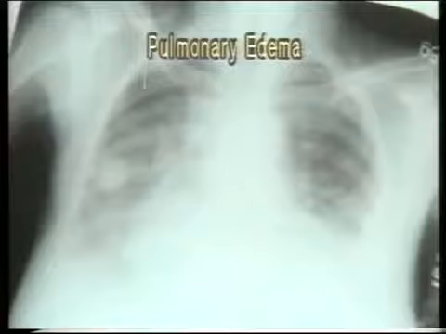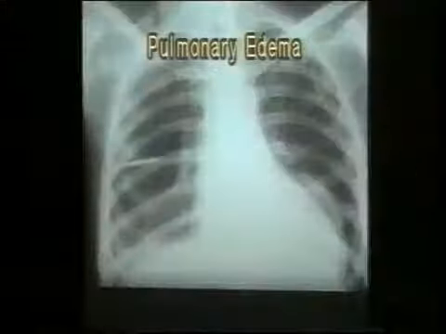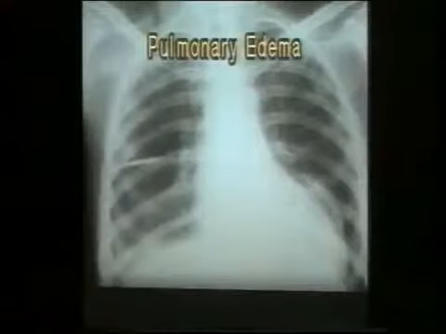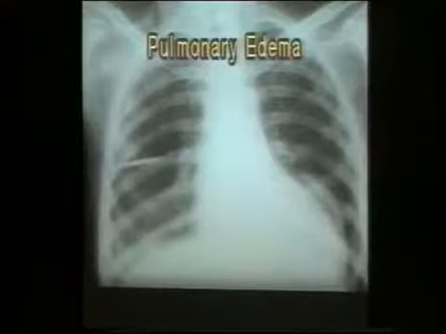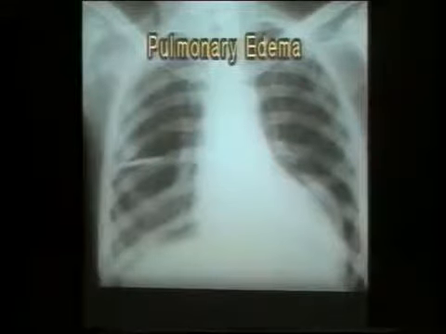The edema is seen only in the lower zones, and there is a fluid collection in the transverse fissure on the right side. And the third X-ray after 5 days shows that all the alveolar edema has disappeared and there is only some remnant fluid in the transverse fissure which should soon disappear.